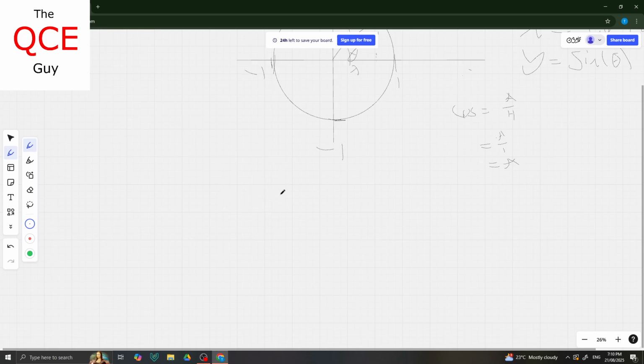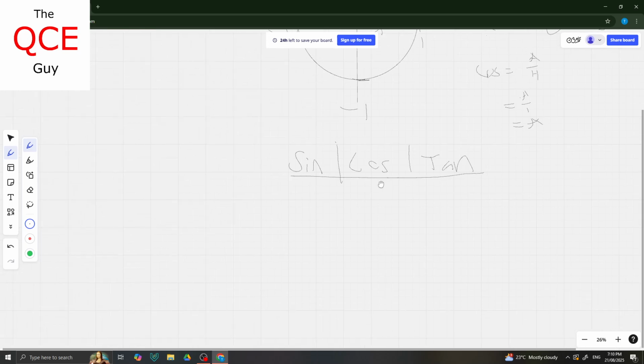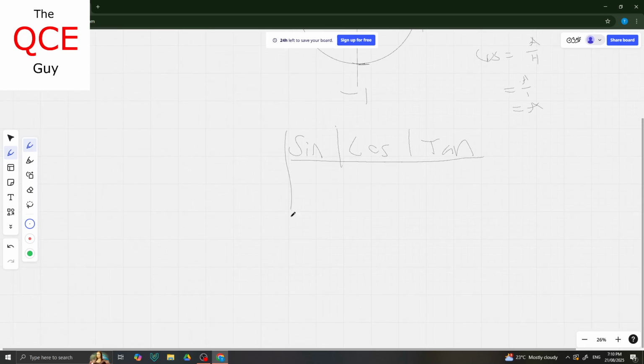It has sine on the top, cos next to it, and tan on the third one. Don't worry too much about the tan one for now, you can come to that later, but we'll worry mainly about the sine and cosine ones.